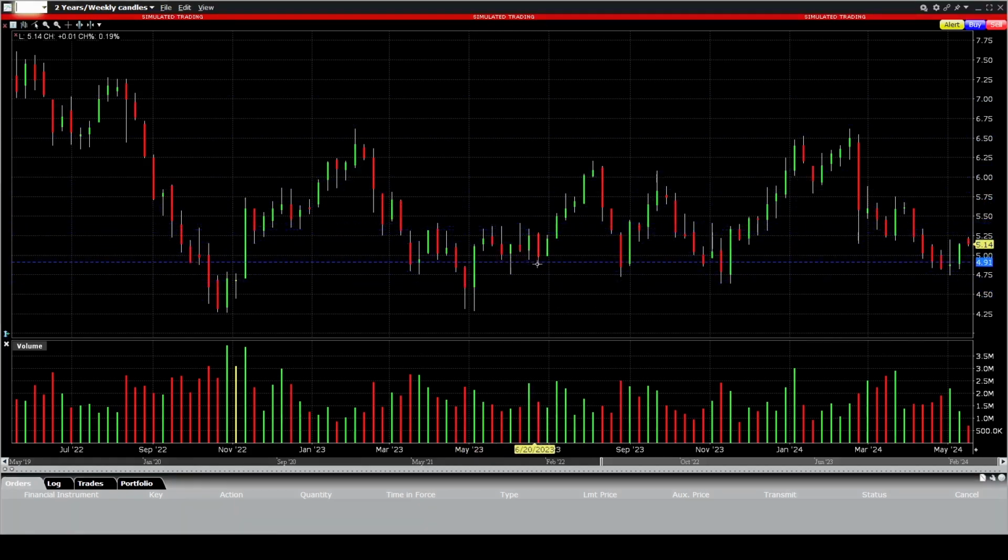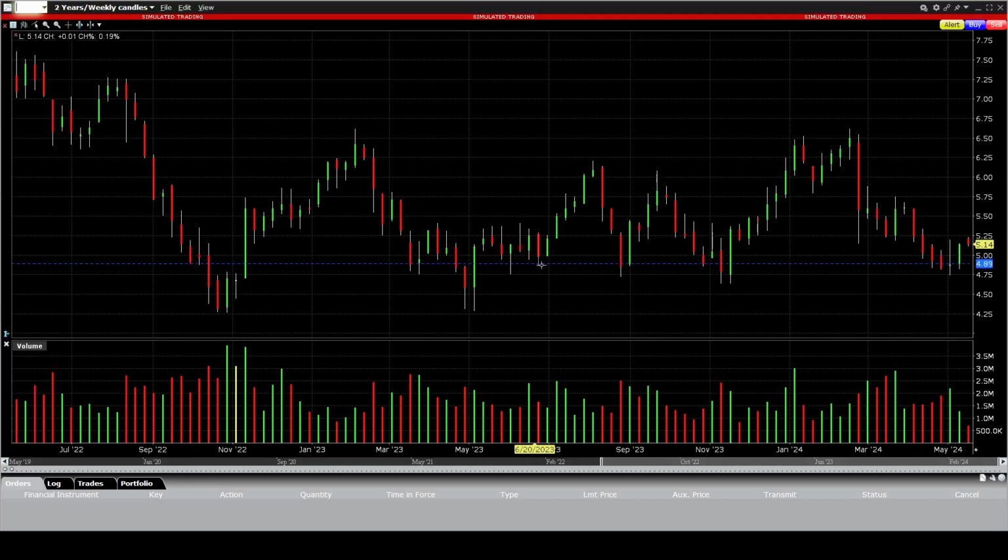I see that the stock is trading at $5.14 today, but I'm not in a big rush to get it. Having the chart right in front of me and looking at the price history, I feel like I may be able to get it at a better price. So actually using the candles, I'm looking at this price history and I'm placing my order.